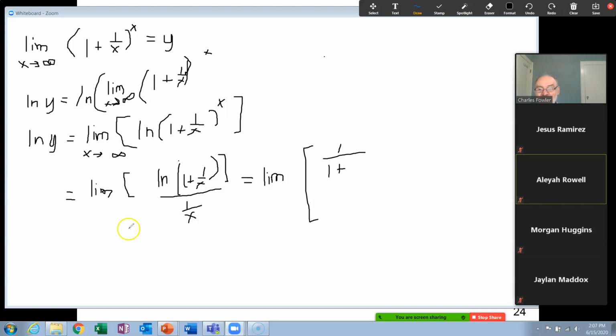Let's rewrite that. That's 1 over x plus 1 over x. If you write that on a least common denominator, 1 is the same as x over x, plus 1 over x would be x plus 1 over x.